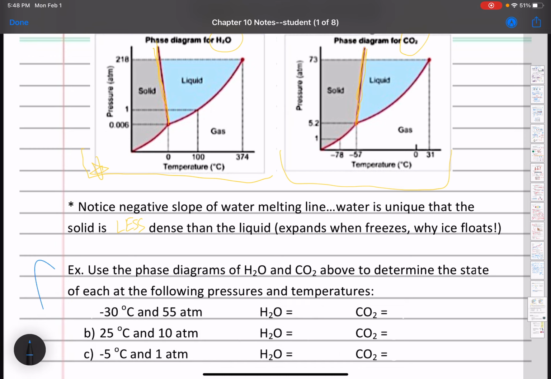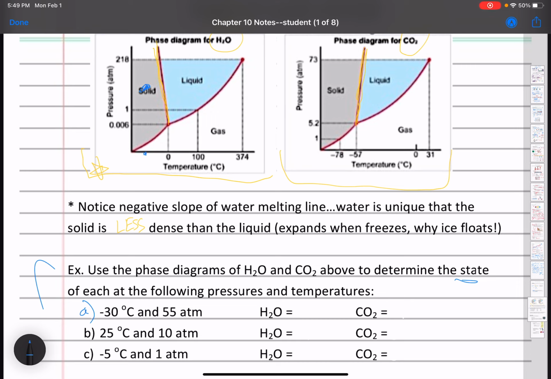All right, so the first one, A, B, and C, it wants to know what state each of the following is going to be in. Will water and carbon dioxide be at each of the following pressures and temperatures? So let's do A. At negative 30 degrees Celsius and 55 atmospheres. I'm going to use my pen here on the water. Negative 30 degrees is probably somewhere like here, and 55 atmospheres is maybe somewhere here.